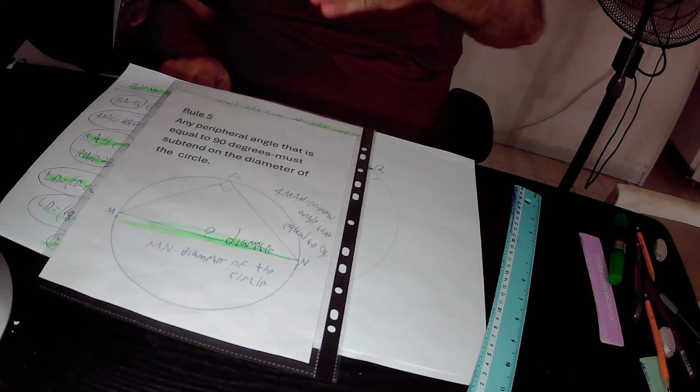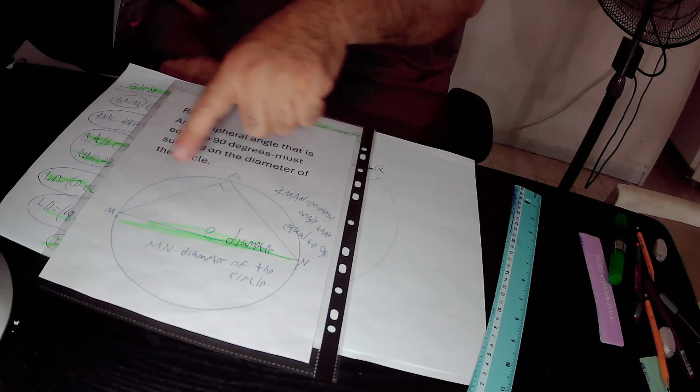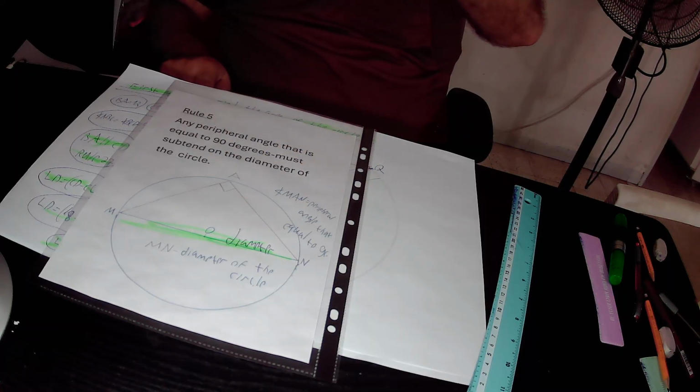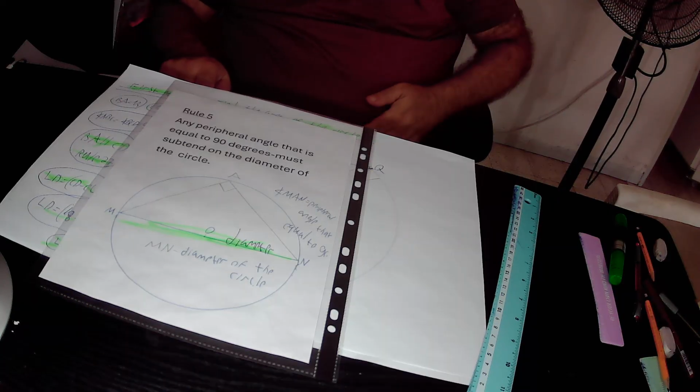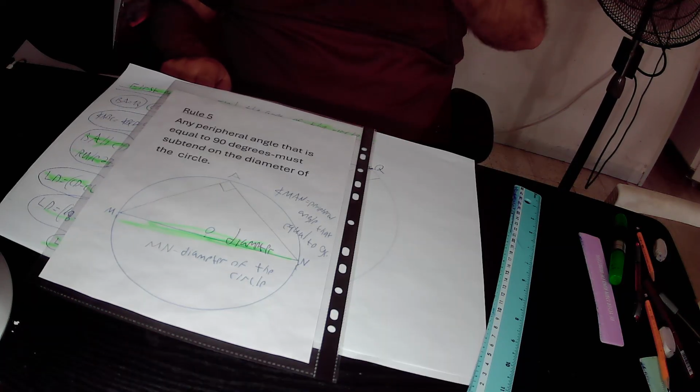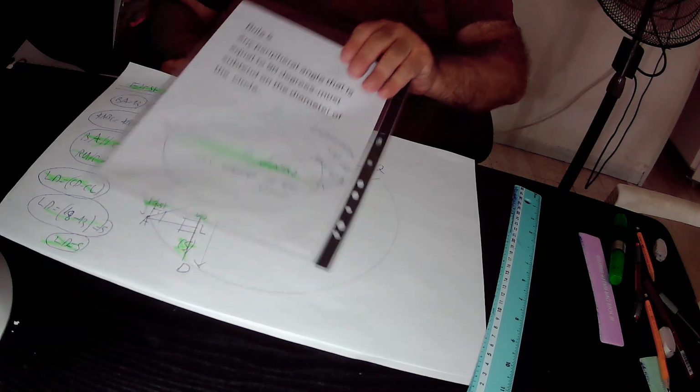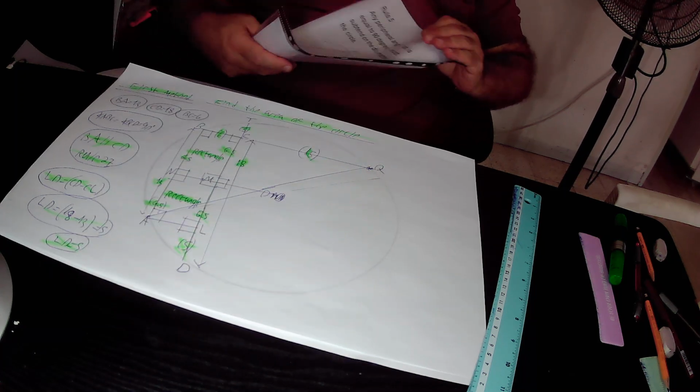And indeed, angle MAN subtends on chord MN, that is the diameter of the circle. We can definitely implement rule 5 in our drawing.